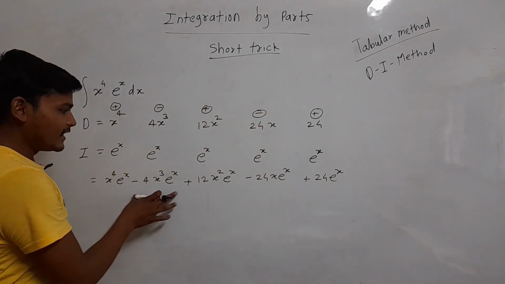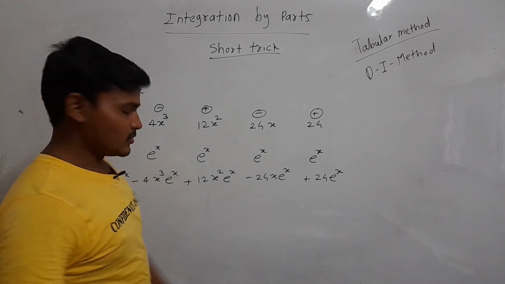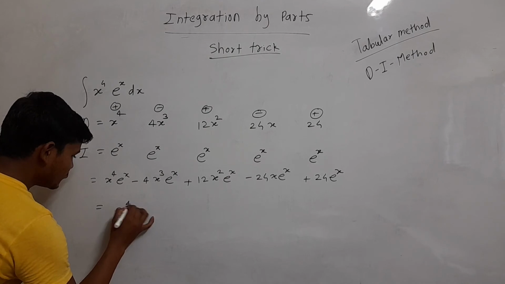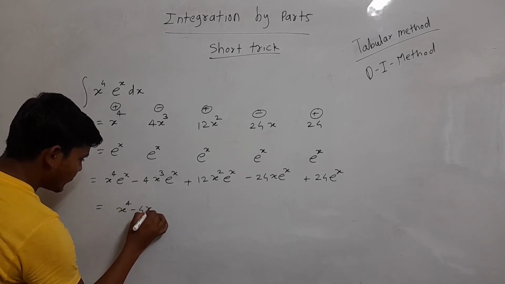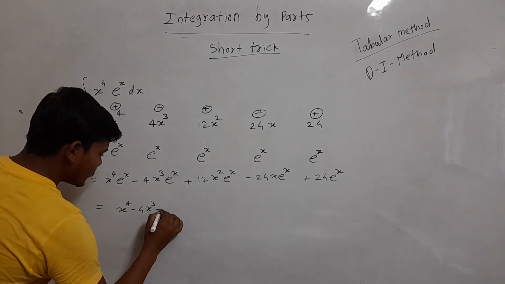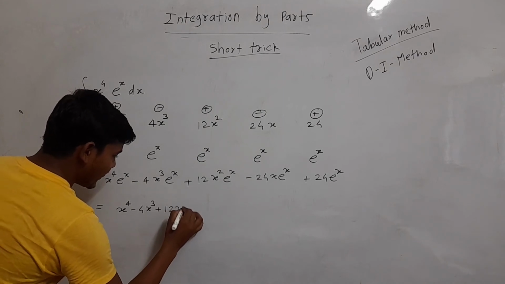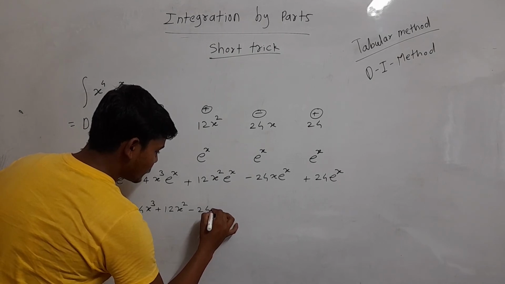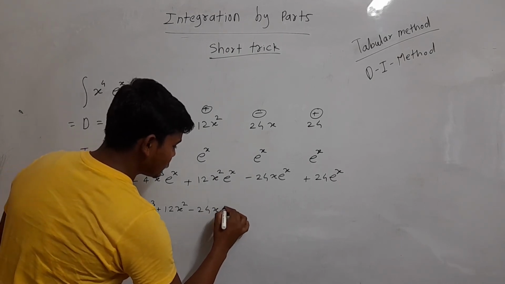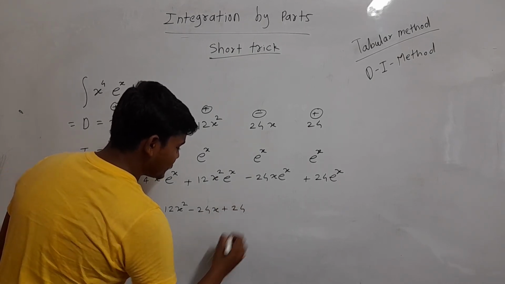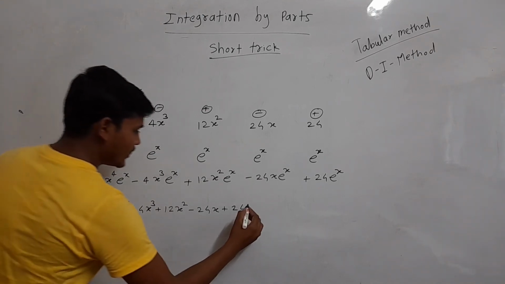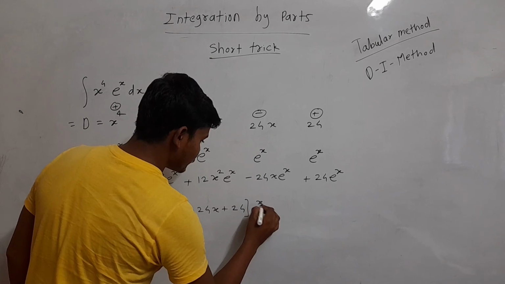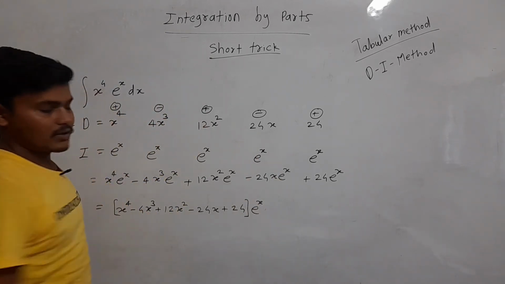Now we can take e raised to x common. So x raised to 4 minus 4x cube plus 12x square minus 24x plus 24, into e raised to x, and this is your final solution.